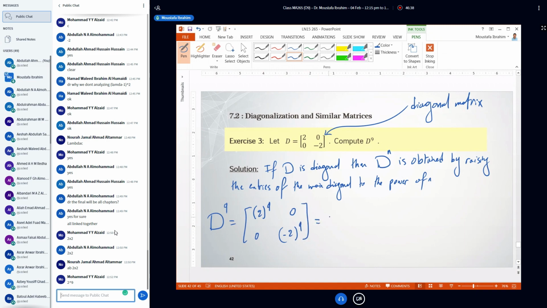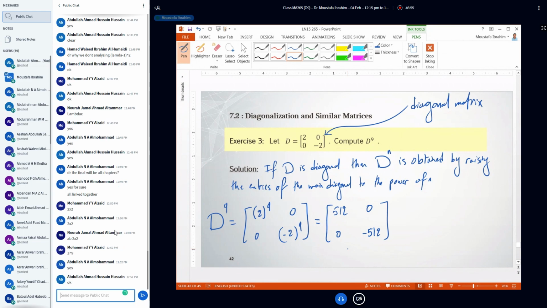And this result is true because the matrix is diagonal. So here we get 512, 0, 0, -512. Okay, guys? Very good.